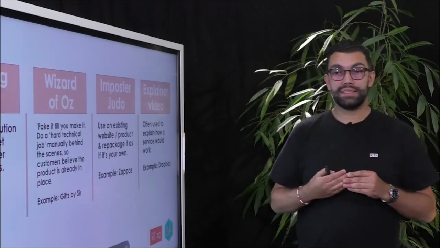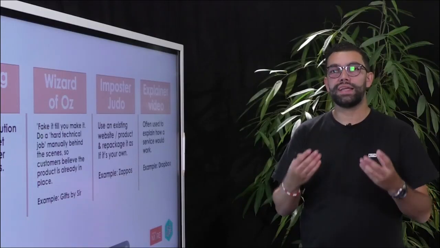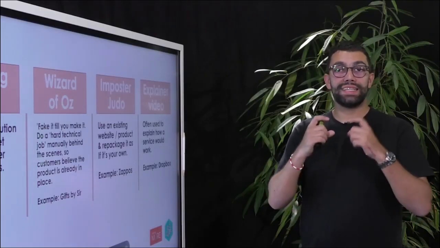Then the other one is the imposter judo, and here you actually use an existing solution like a website or anything else to test your idea. A good example here, which you should really look into deeper, is Zappos, sold to Amazon years after they did this. How they validated their idea of an online shoe store is basically by taking pictures of existing shoe stores.